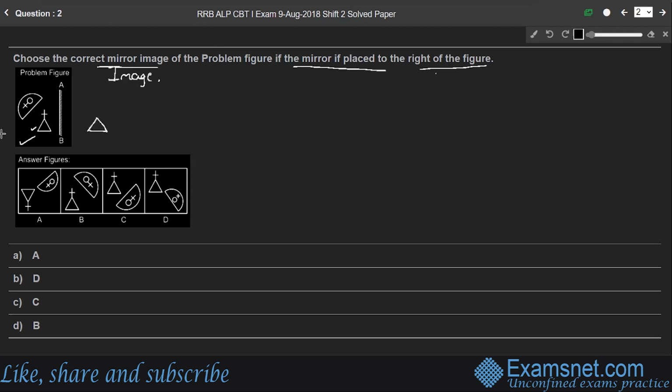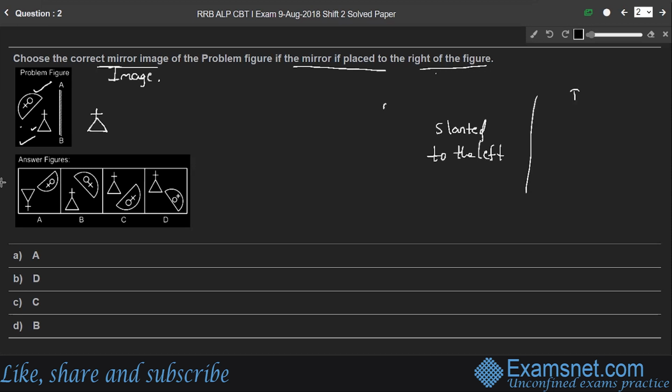Above it a plus mark, this will be as it is. And here is a half circular figure, which is slightly slanted to the left in the problem figure.